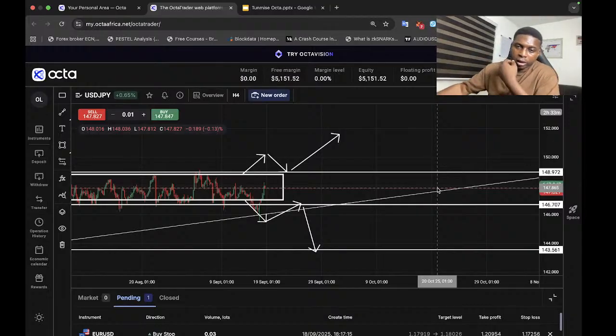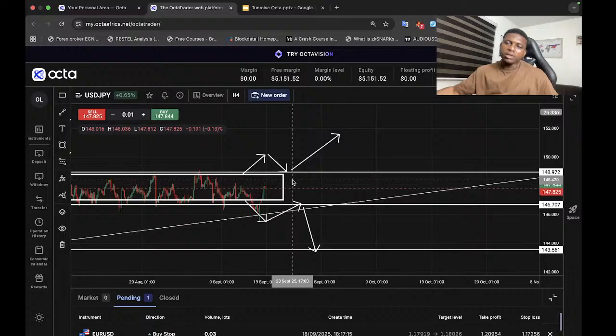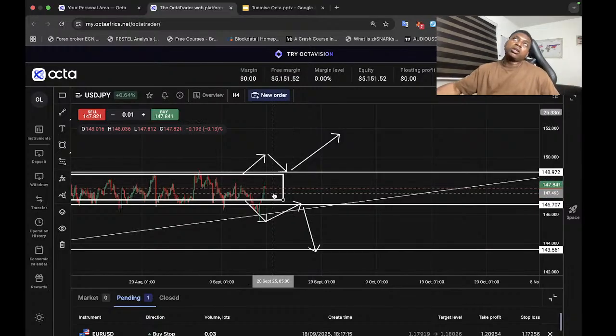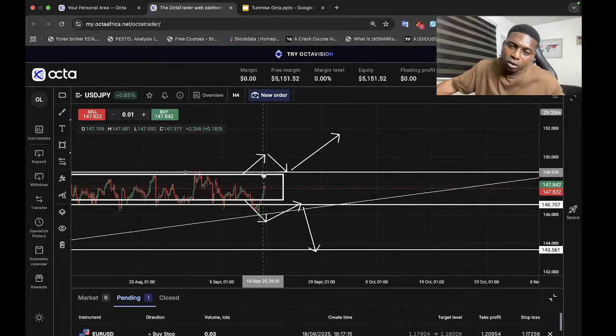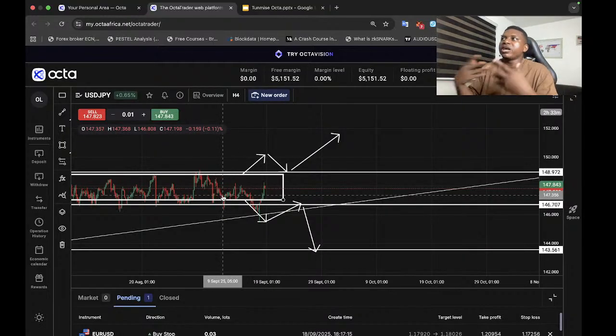So, if I want to pick any of these trades, I would stay neutral. On a normal level, I would say we can set a pending order to buy or sell. But in this case, I would rather wait for a breakout to happen before executing my trade.